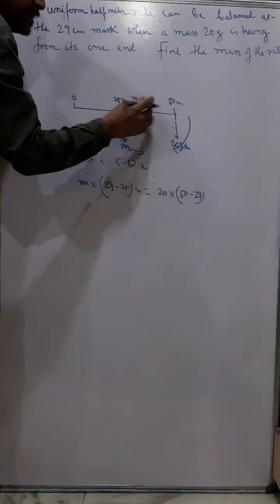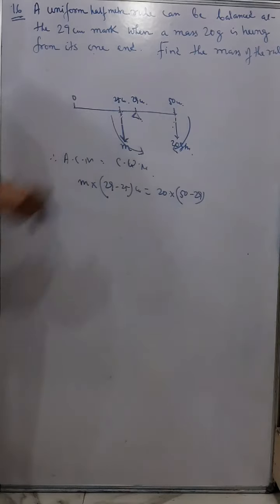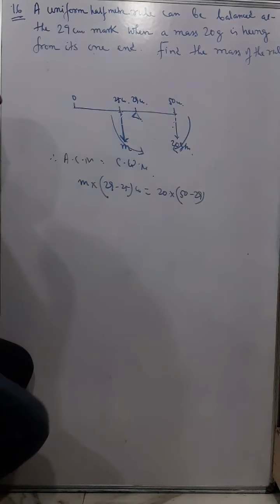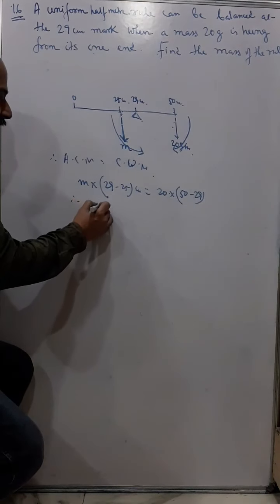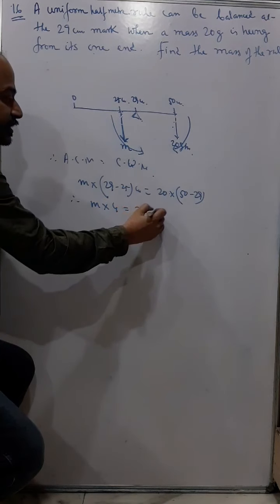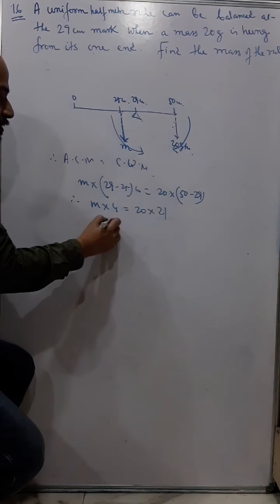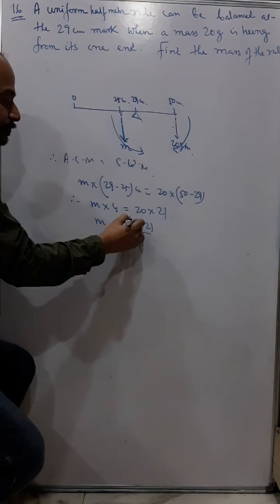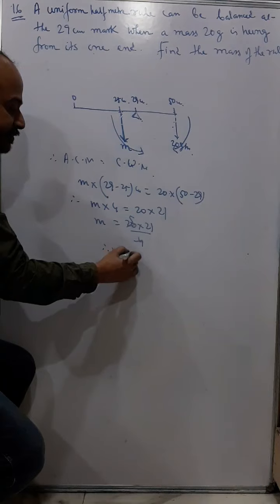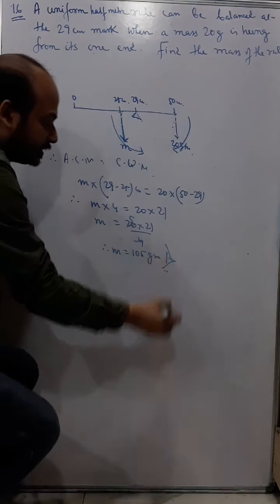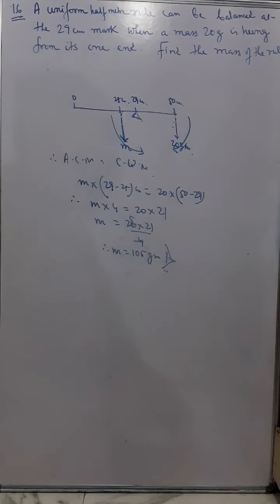So this distance is 50 minus 29, that is 21. So finally m into 4 is equal to 20 into 21. So m equals 20 into 21 by 4. So finally I get m is equal to 105 gram. So that is the mass. Okay.